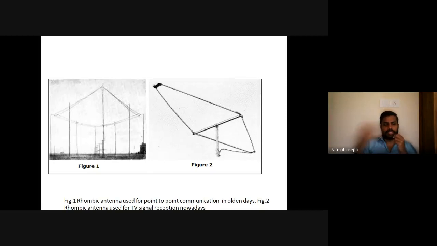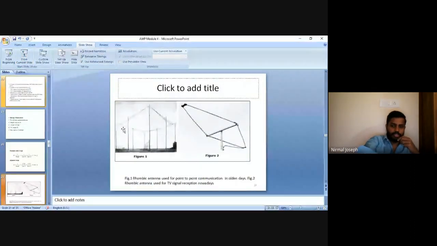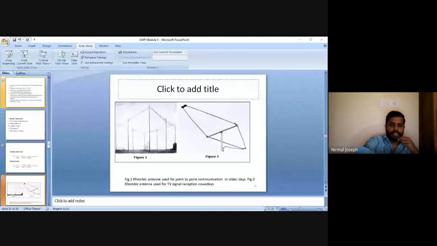What is the difference you can observe between these two? In the single loop itself, you can see a particular difference.